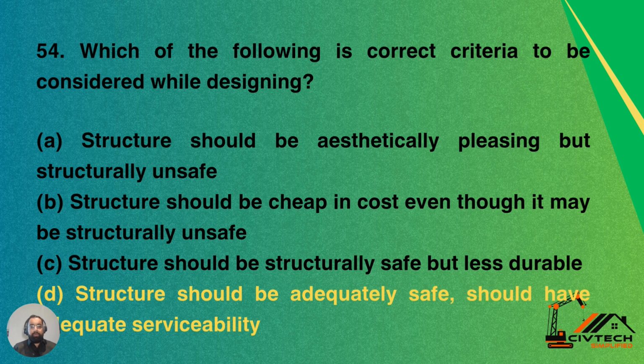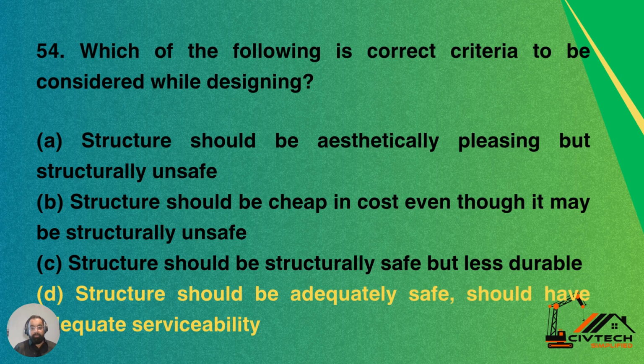Question 54. Which of the following is the correct criteria to be considered while designing? Option A, structure should be aesthetically pleasing but structurally unsafe. Option B, structure should be cheap in cost even though it may be structurally unsafe.